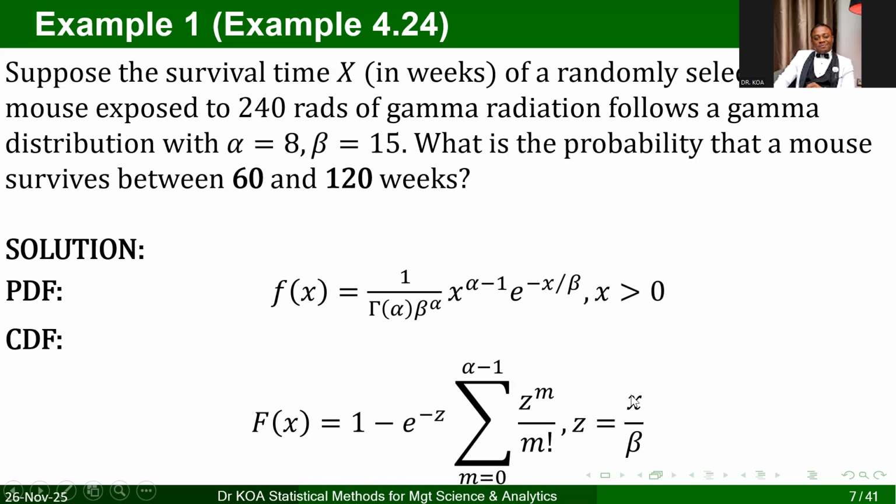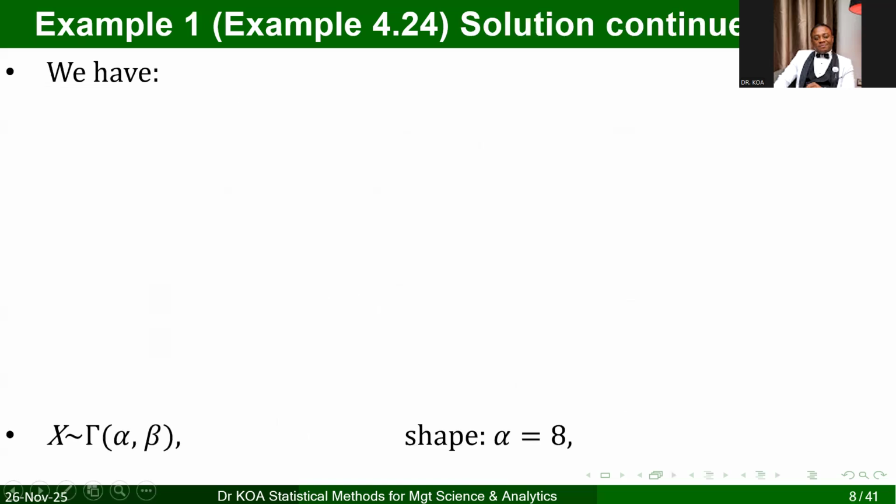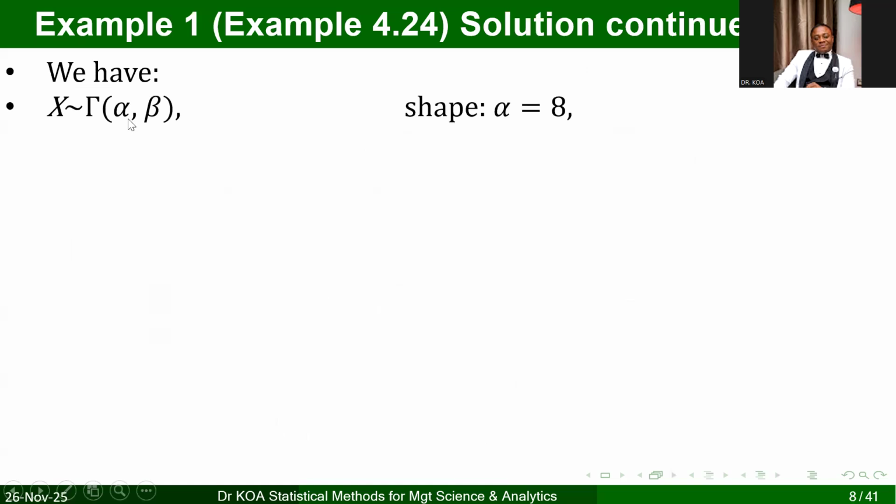So you can have something like 1 over beta, and this is called the scale. We don't normally write it, but this is it. So you have x distributed as gamma, the shape is 8, and then the rate is 15. The scale can be represented by theta, which is just the reciprocal of the rate.